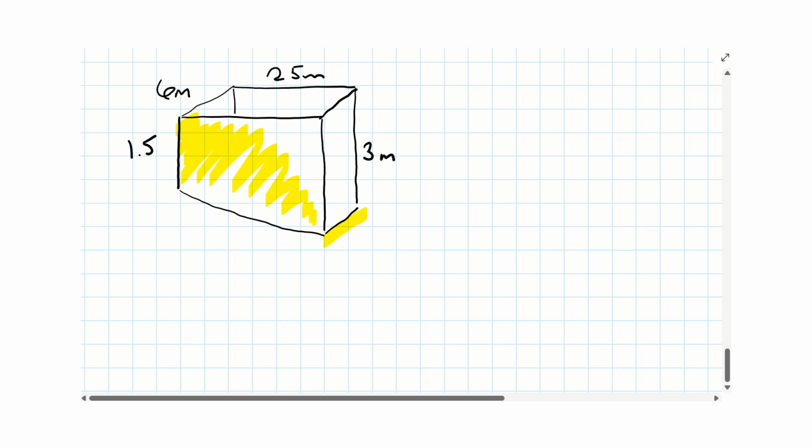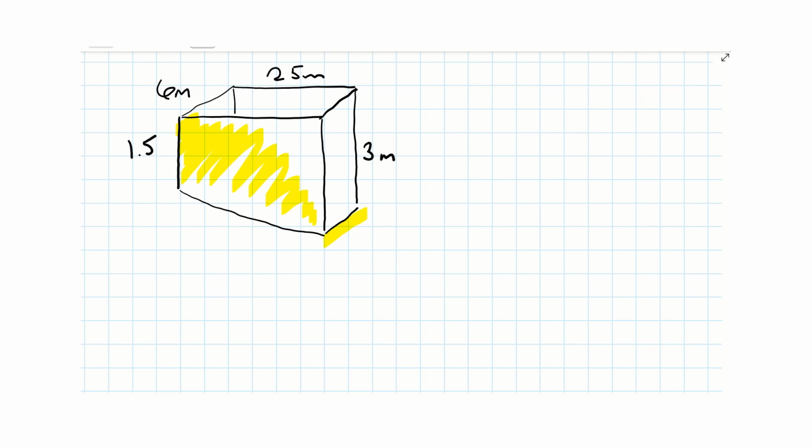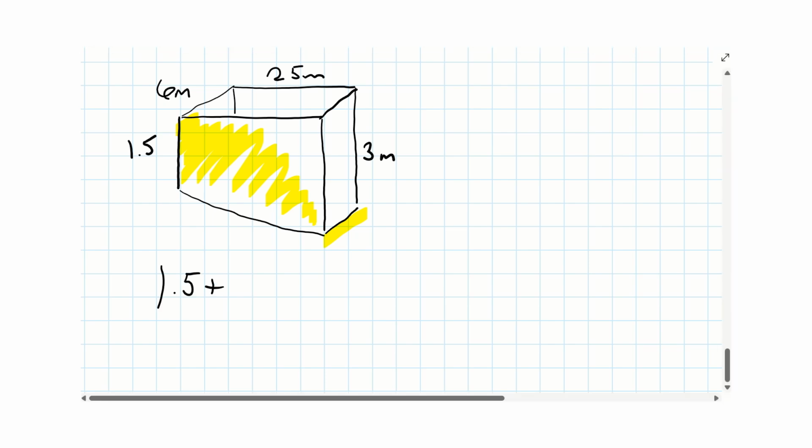So we want the surface area of that trapezoid times the depth. In order to get that, we're going to do 1.5 plus 3 divided by 2 times 25 times 6.